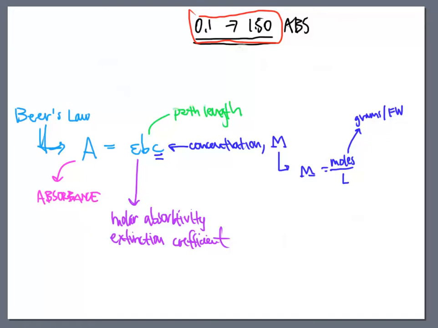We can't put our full faith into that number because the machine is not made to distinguish the difference between super low and super high concentrations, right? So this is the sweet spot or the Goldilocks spot for the instrument. Not just for our instrument, but for almost all of the general run-of-the-mill UV-Vis instruments, 0.1 to 1.5.